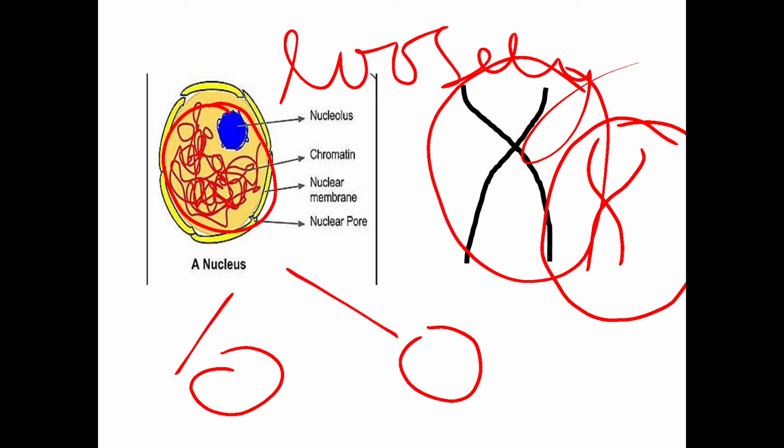Chromatins are loosely bound and are tangled thread-like structures, whereas chromosomes are tightly bound. The DNA in chromosomes is coiled tightly. Chromatins occur in a regular non-dividing cell, whereas chromosomes occur in cells which have to divide.